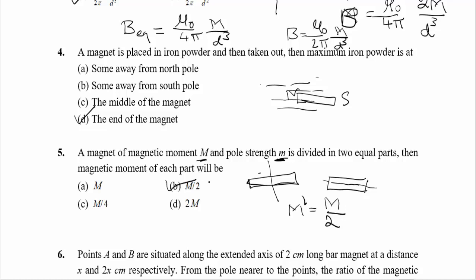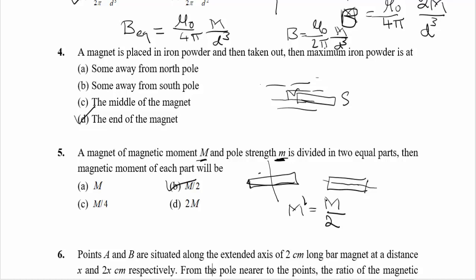M by 2, option B. Remember, if any magnet is cut into two equal parts, you have to remember this standard. No need to go for any formulas, it will be lengthy. Any magnet, when it is cut into two parts, the new magnetic moment will be M by 2. Either if you cut perpendicularly or along the magnet, anyhow you will get M by 2.